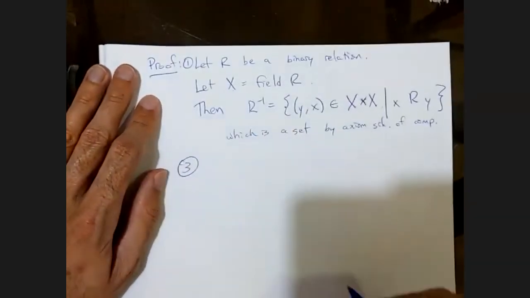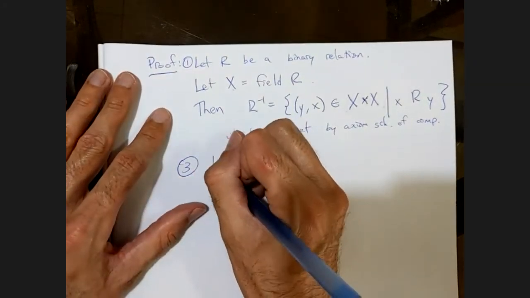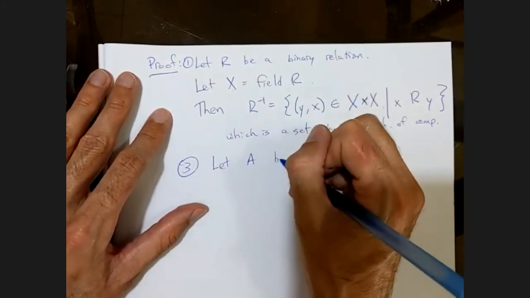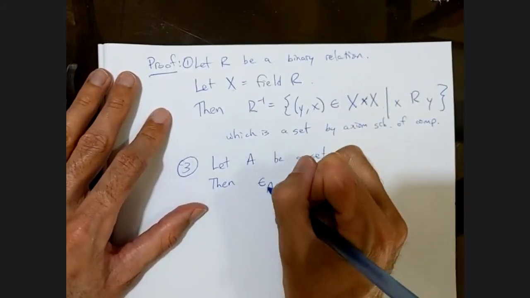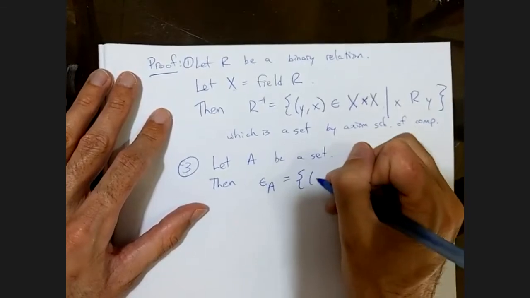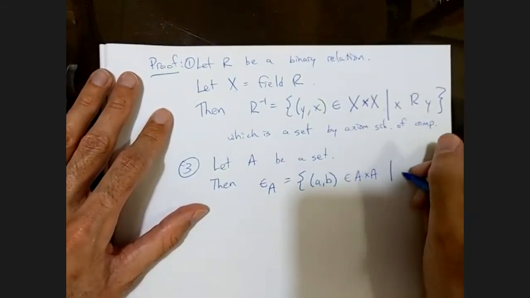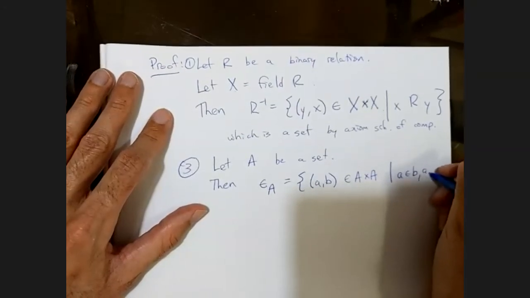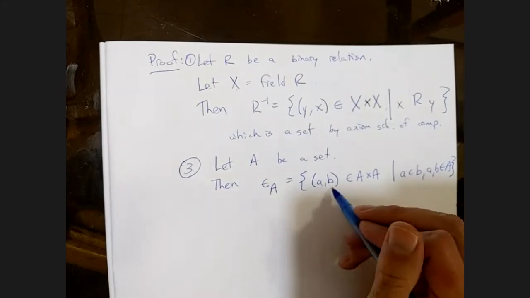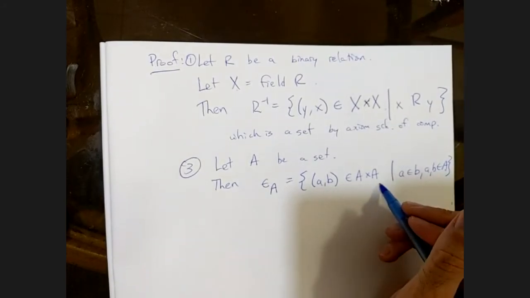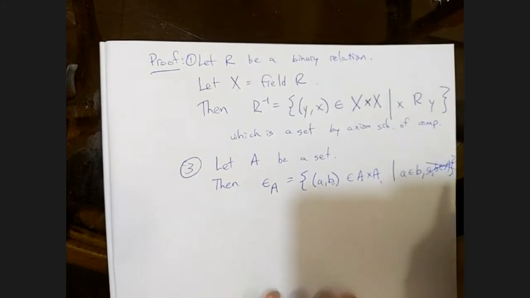For part 3, we have to show that the membership relation is a set. So let A be a set. Then what is the membership relation? It's those A comma B in A cross A such that A is in B. Of course, if A comma B is in A cross A, that's the same as saying A is in A and B is in A. So we can cross that off.